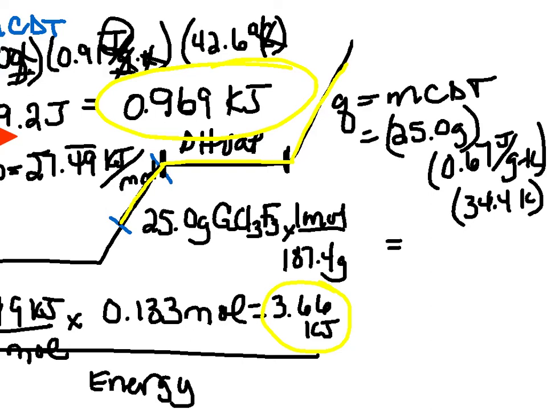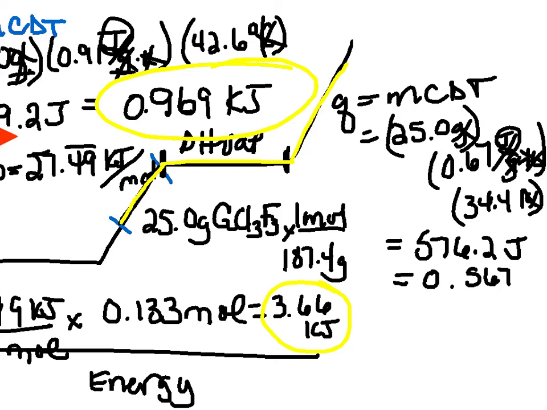And when we multiply, I got 576.2 joules, okay? Grams cancel, Kelvin cancel, and we're left with joules, okay? And if I change that to kilojoules, I have 0.567 kilojoules.